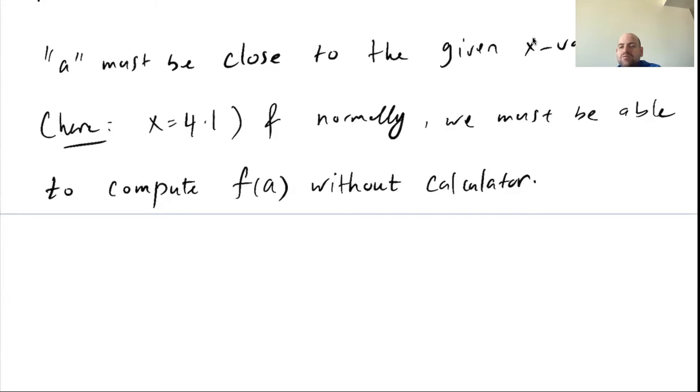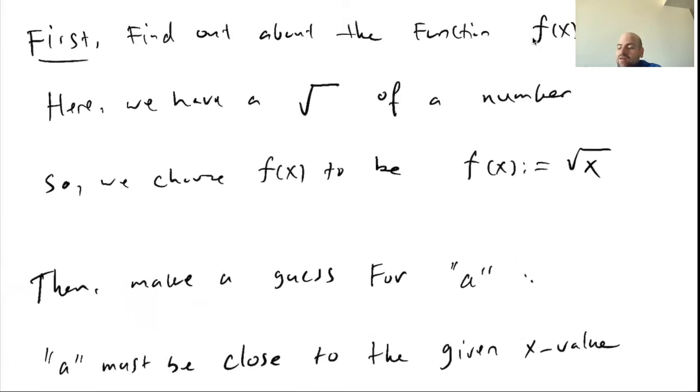So which numbers are close to 4.1? Many numbers are close to 4.1, like 4.11 or 4.09, right? But for which of them can f of that number, where f of x is root x, be computed without a calculator?